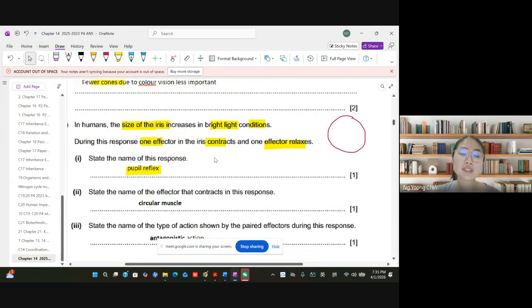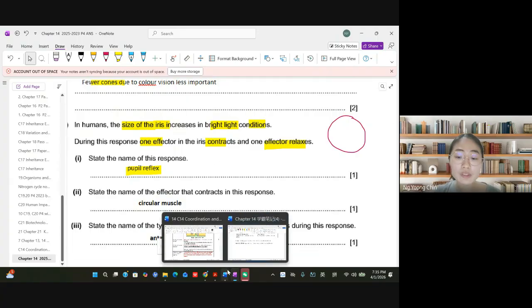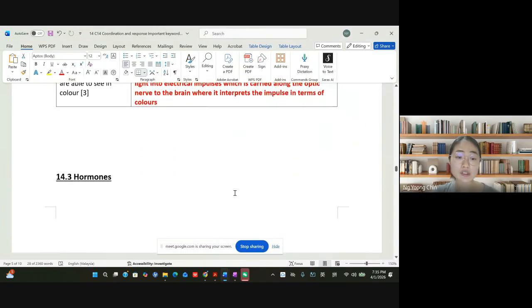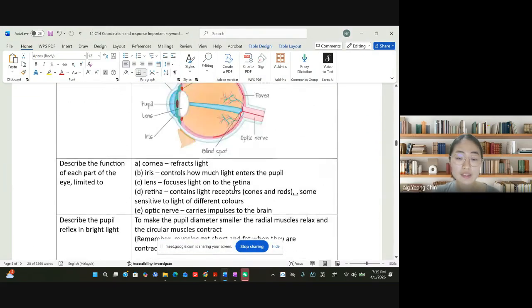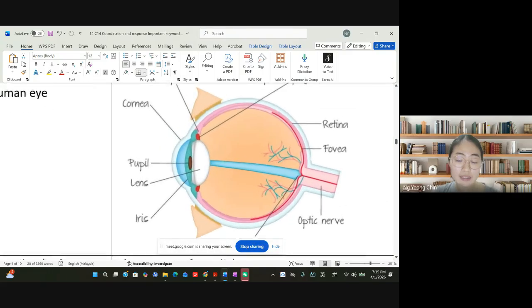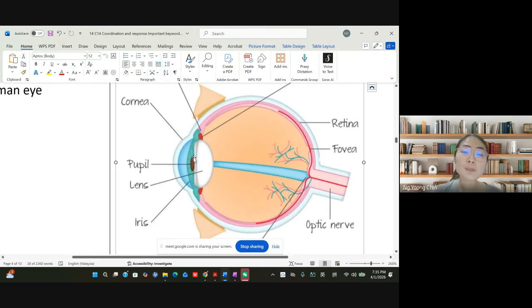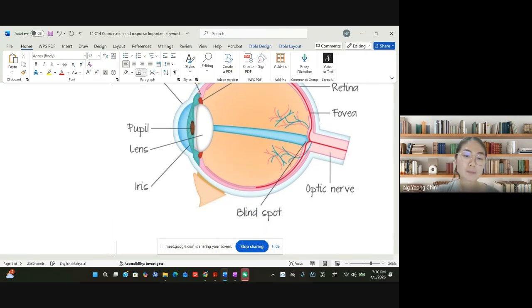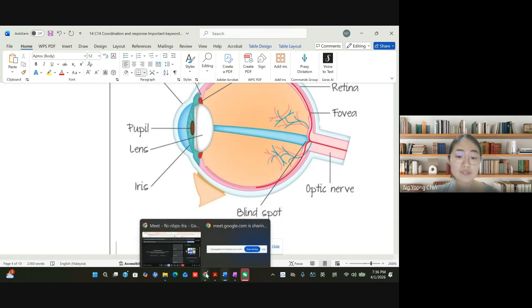Because the iris is surrounding the pupil. That's why you should know the structure of the eye. Where is it? The eye structures. We can see the iris, and the central part will be the pupil. Let me find a picture that shows what the iris is, which will be better.